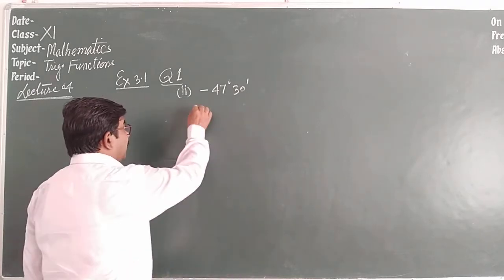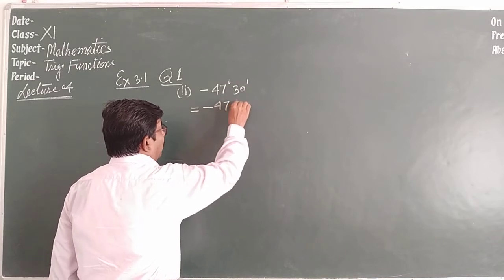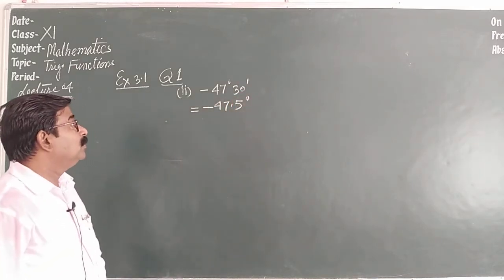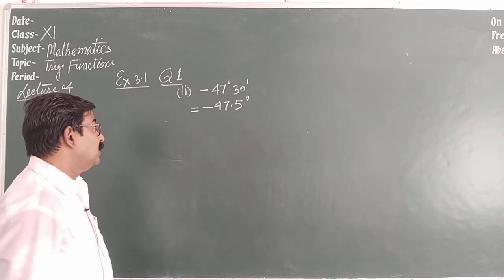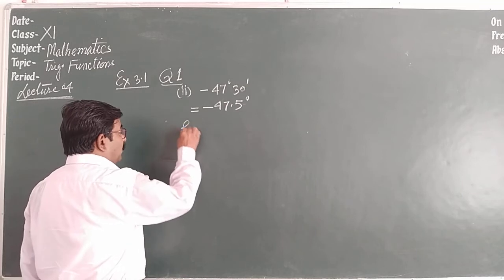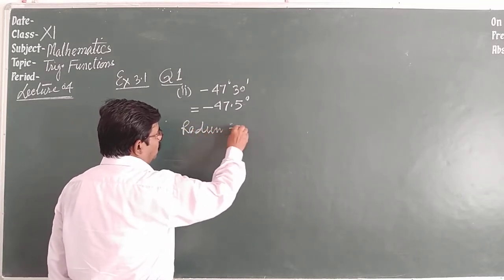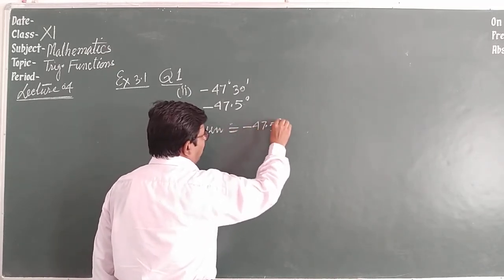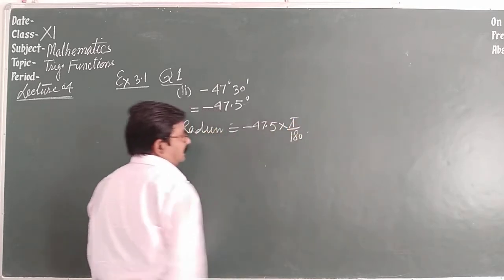So this can be written as minus 47.5 degree, or you can write minus 95 upon 2. Now radian value is minus 47.5 into pi upon 180.